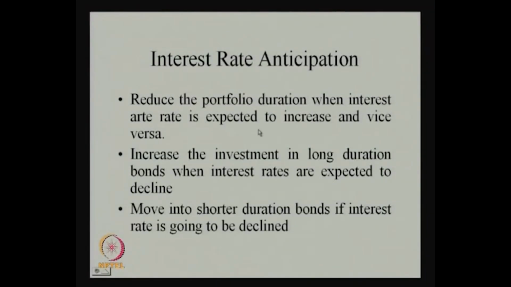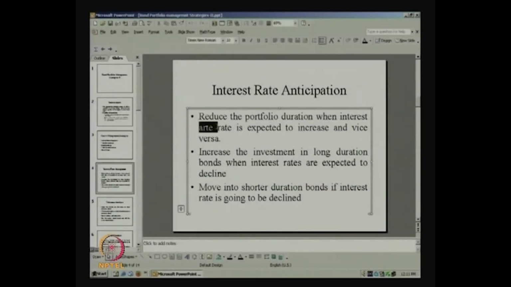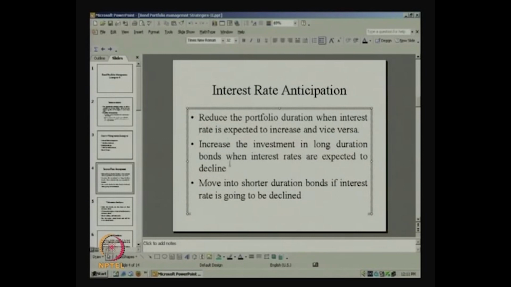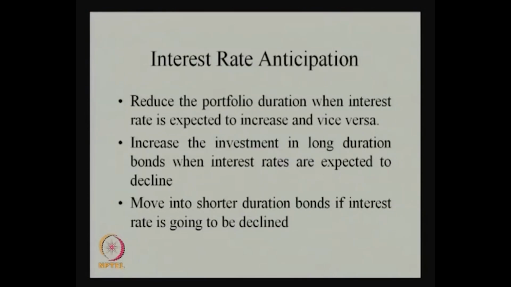That means, here there is a minor mistake. If you observe, it says reduce the portfolio duration when interest rate is expected to increase, and vice versa. What does it mean? Increase the investment in long duration bonds when interest rates are expected to decline.